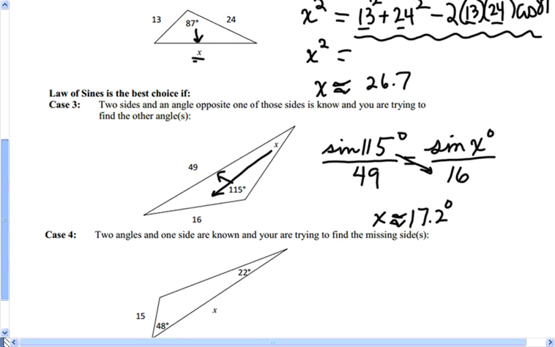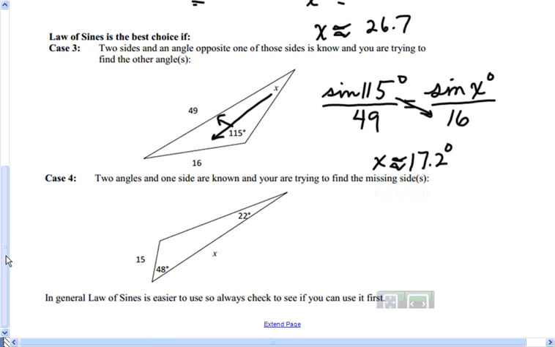All right, and the last case, case 4, we can use the law of sines again here, if you know two angles and one side and you're trying to find the missing side or sides. We're just going to find the one missing side here, x, and the angle opposite x is not given here.